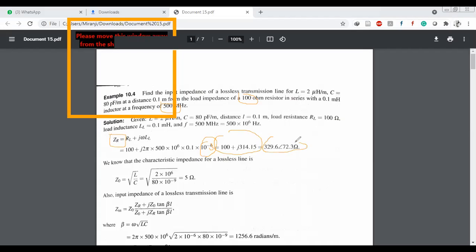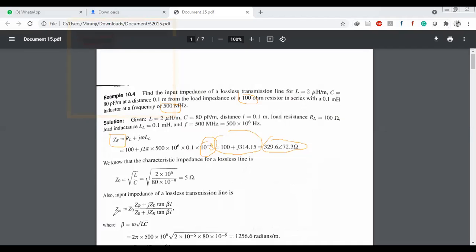This is the rectangular form, and the polar form conversion is available in your scientific calculator, or simply square root of a square plus b square at an angle of tan inverse b by a. Then you are able to find that expression.